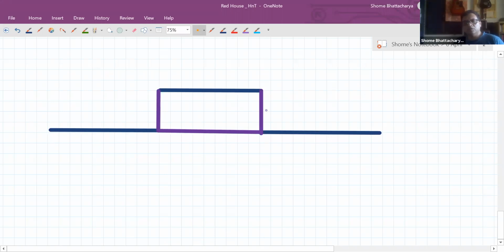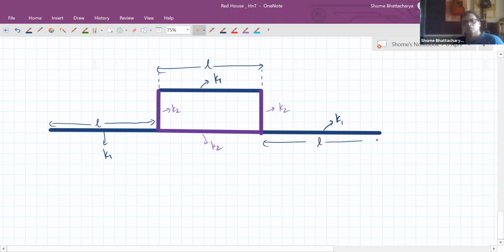So let's say these three have thermal conductivity K2, and these three have thermal conductivities K1. And also these all have length L. Whereas this has length L by 2.